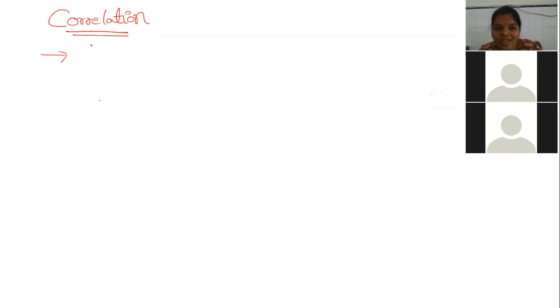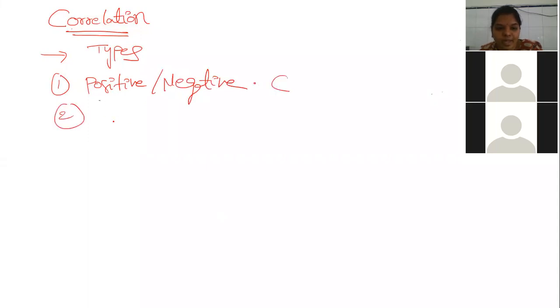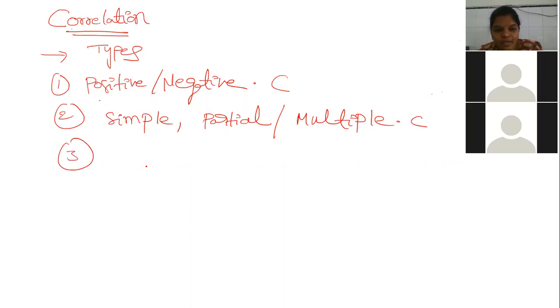Correlation has different types. The first one is positive or negative correlation. The second one is simple, partial or multiple correlation. And the third one is linear or non-linear correlation.